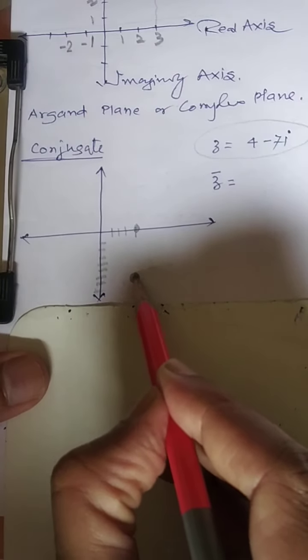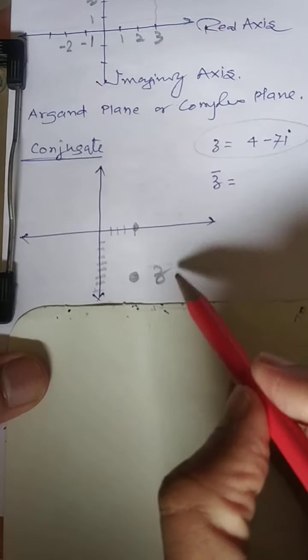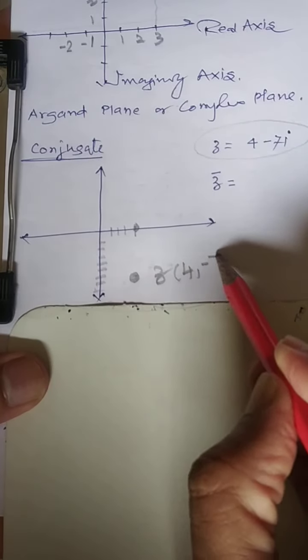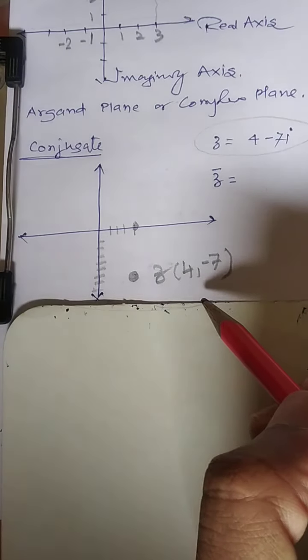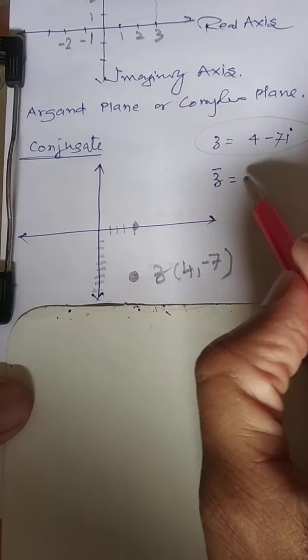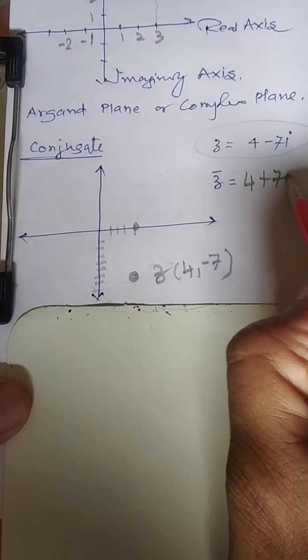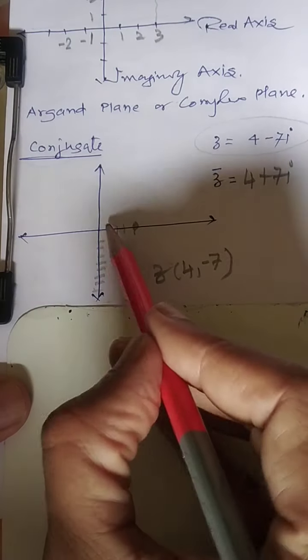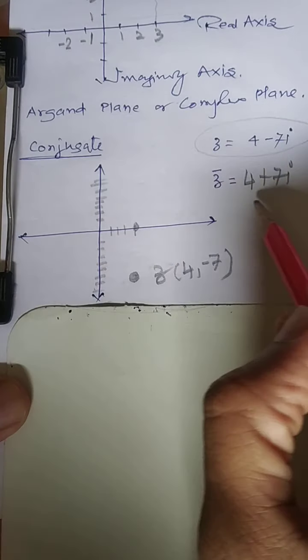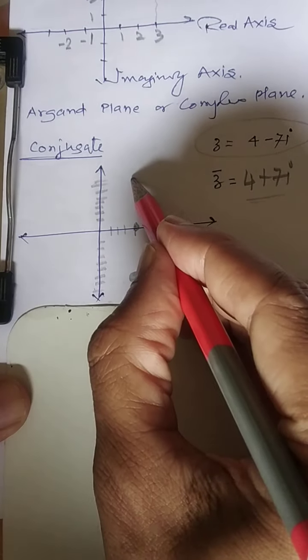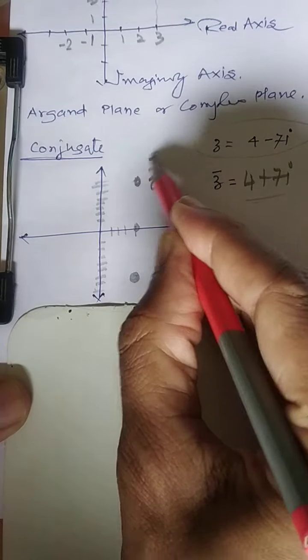So this is nothing but the position of z, which represents 4, minus 7 if I want to write it in an ordered pair. What will be the conjugate of this? It will be nothing but 4 plus 7i. If you ask me to plot this one, it will come somewhere over here, and that is nothing but z bar.